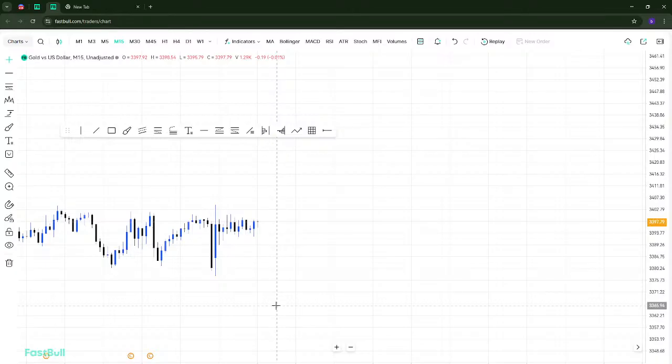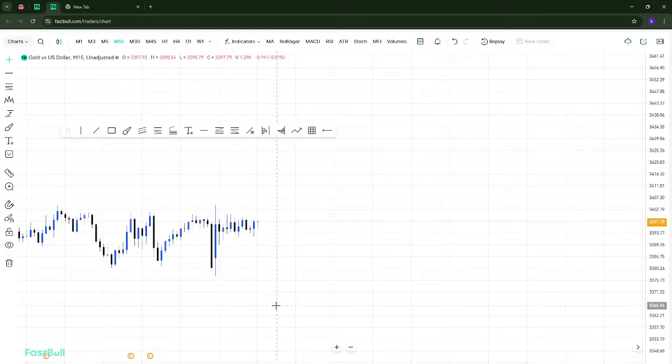Another thing I'll check is whether the week that just closed took out a previous week high or low. If we took out one of them and we have the right confirmations to continue, then I'll target the other. If we took the previous week low, then I'll target the previous week high. So that would be my objective for the coming week.